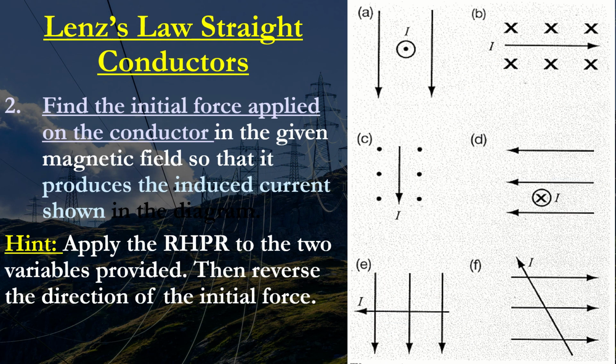Wonderful. The next method we'll try is to use our right hand, but not looking at the induced force. We'll just use our right hand to work out where the changes are.